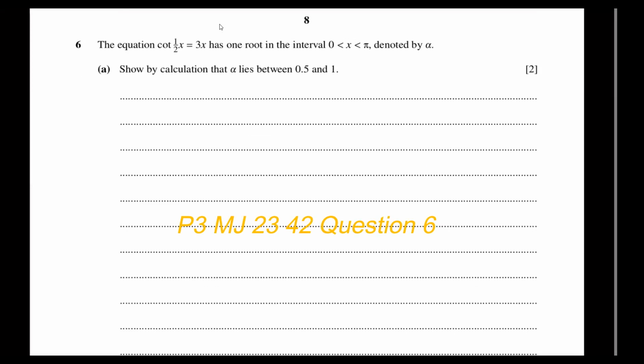Here, the equation cos(x/2) equal to twice x has one root in the interval 0 to pi, denoted by alpha. So by calculation, you have to show that alpha lies between 0.5 and 1.